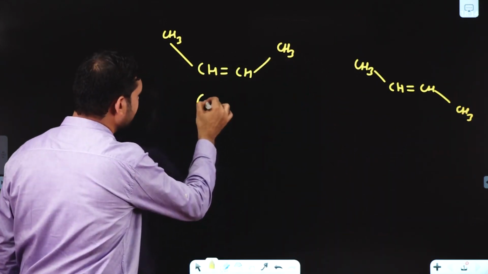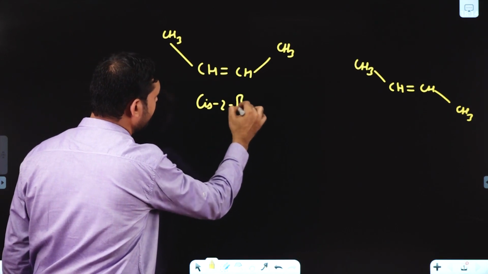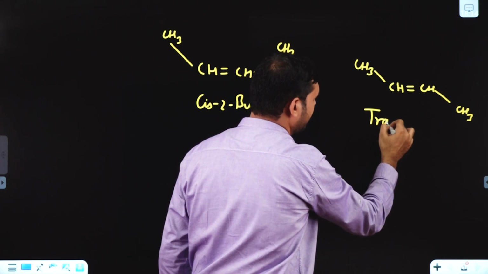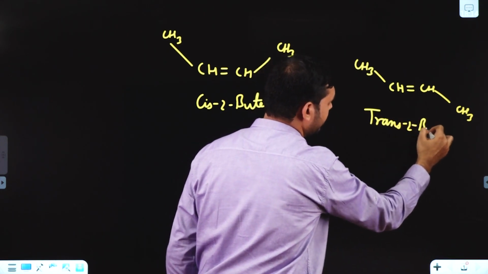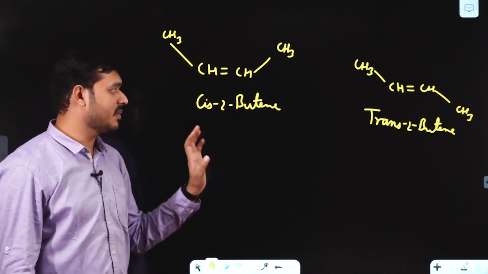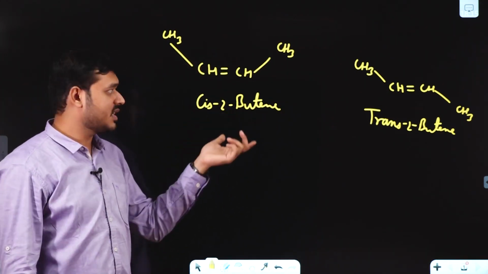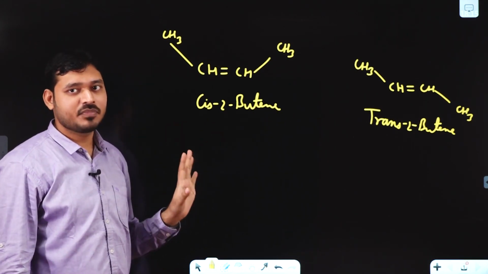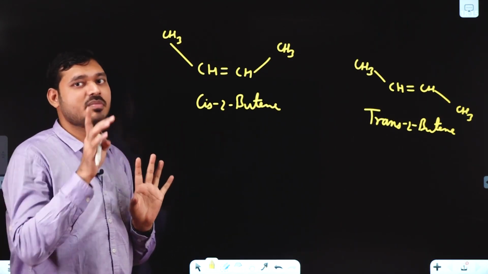See, this is cis-2-butene and this is trans-2-butene. Now if I see these two compounds, obviously their stability, boiling point, melting point, these properties are different. We have discussed this part also in geometrical isomerism.